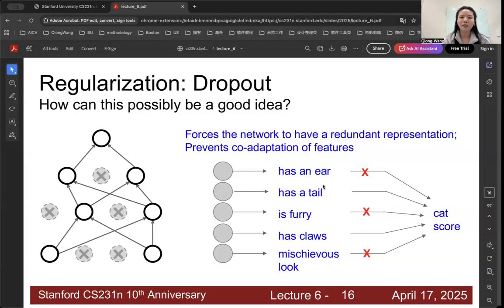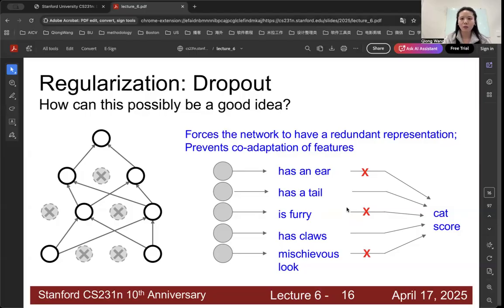We force the network to have redundant representations, which prevents co-adaptation of the features. For example, we don't want the network to rely on features like: this is an ear, this is a tail, and this is a mischievous look. Without those, we let the network still generate the final score: it's a cat.